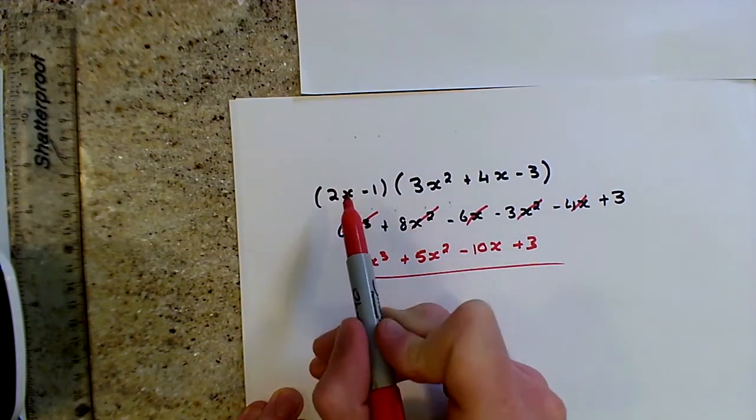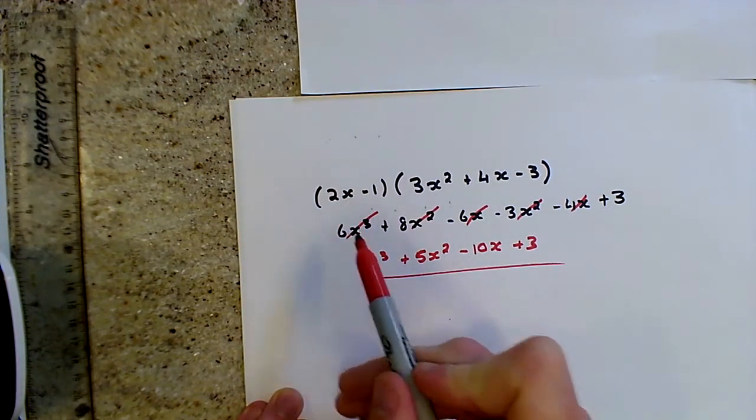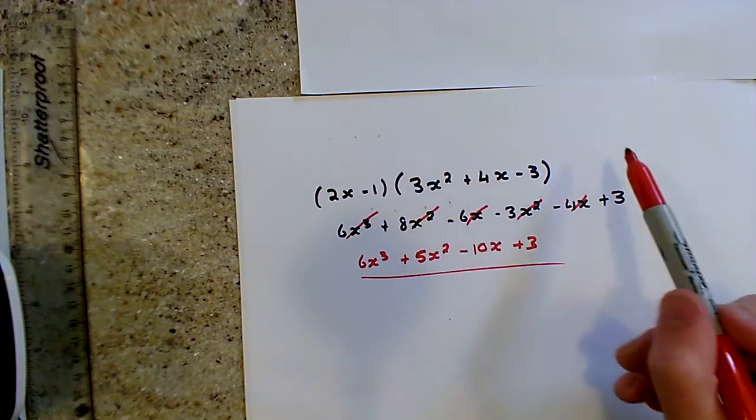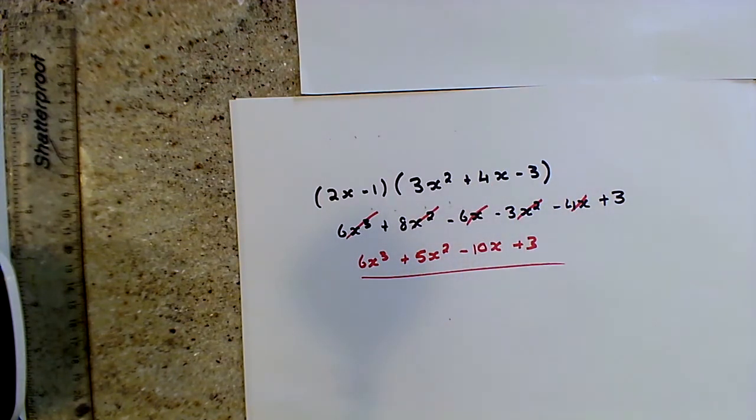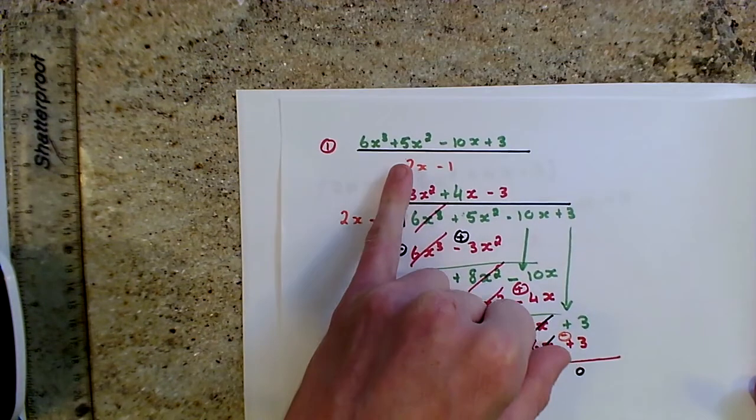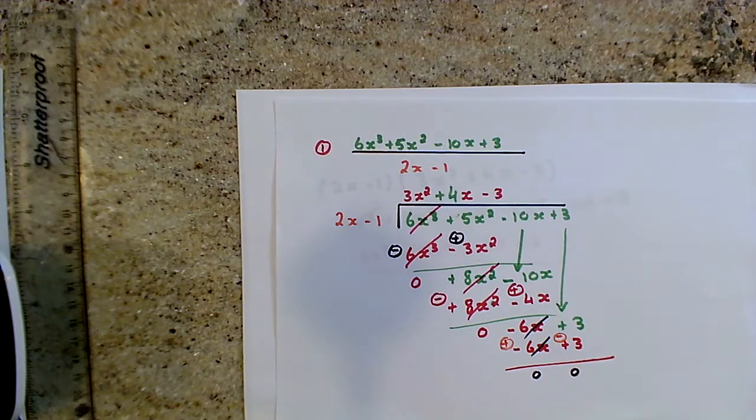So if I multiply out 2x minus 1, or my divisor, and 3x squared plus 4x minus 3, my solution to the last question, it leaves me with this, and hopefully this looks familiar because it's what we started out with. Okay, it was our numerator.